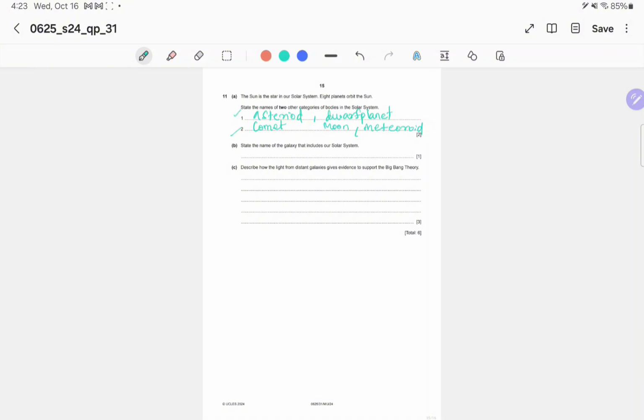State the name of the galaxy that includes our solar system. Very easy answer, it is the Milky Way galaxy. Describe how the light from a distant galaxy gives evidence to support the Big Bang theory. So how can we write? The redshift, that's the thing we have to remember here and write. Redshift of distant galaxies and cosmic microwave background radiation. These are the 2 pieces of evidence to support the Big Bang theory.